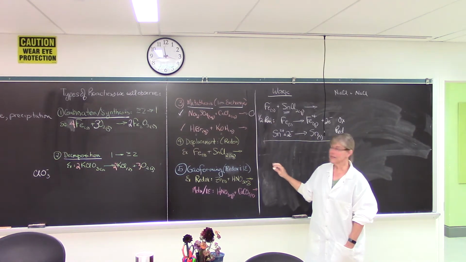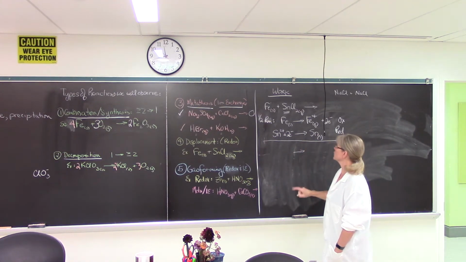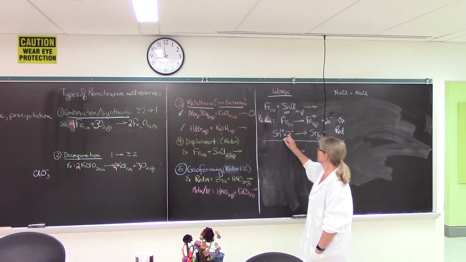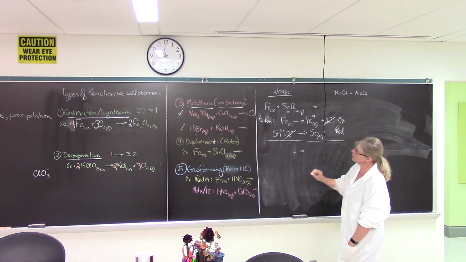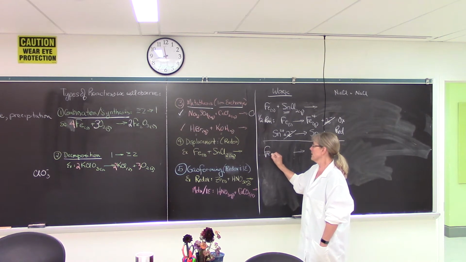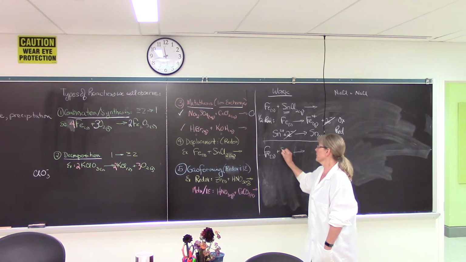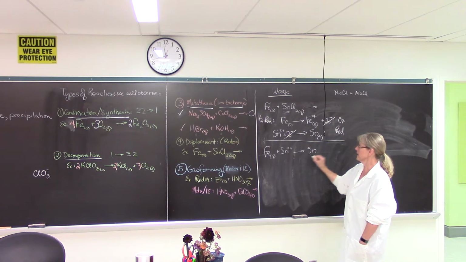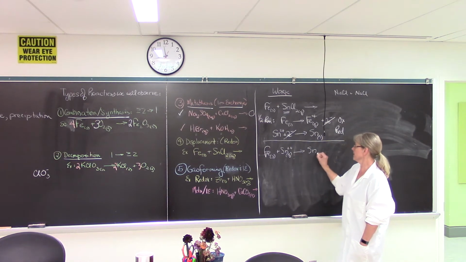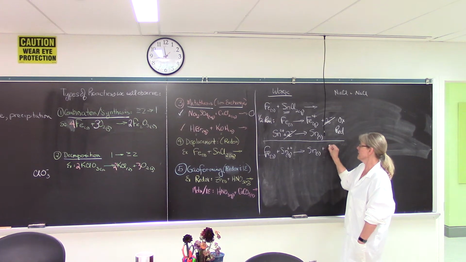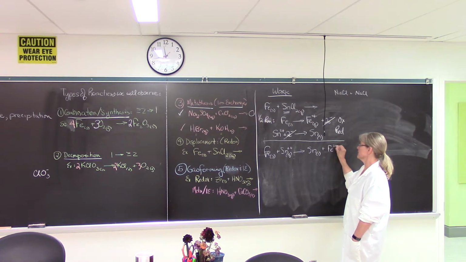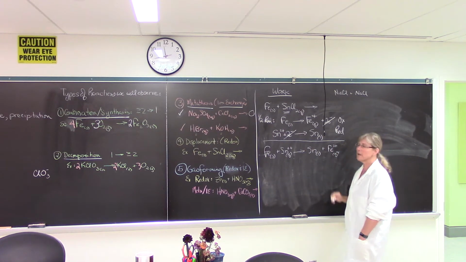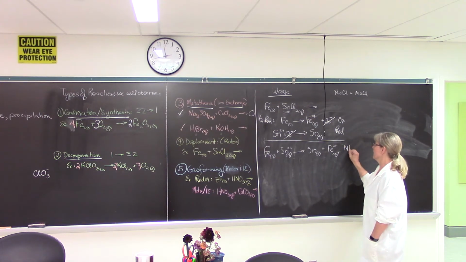I'm now going to add these half reactions to get a whole reaction, and I have my electrons canceling out. And I'm going to get solid iron plus tin 2 plus becomes tin solid and iron 2 plus. And that's my net ionic equation.